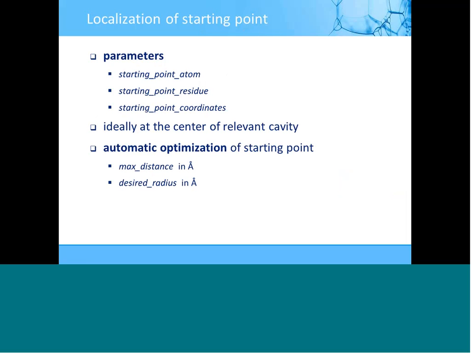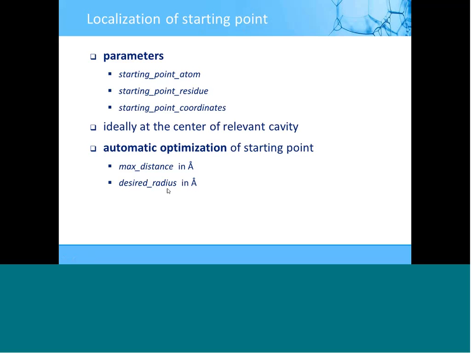by 2 parameters, where max distance simply means how far the optimized starting point can be from your user-defined starting point, and the desired radius basically represents the minimal distance from the optimized starting point to the surface of any protein atom.